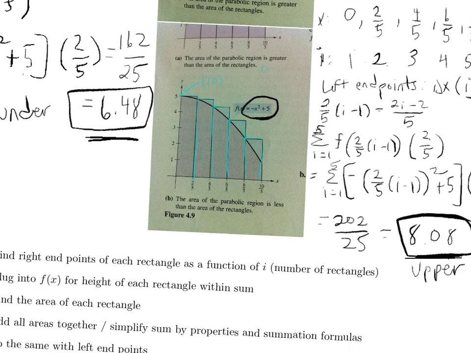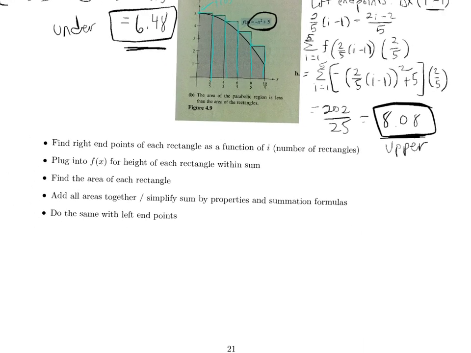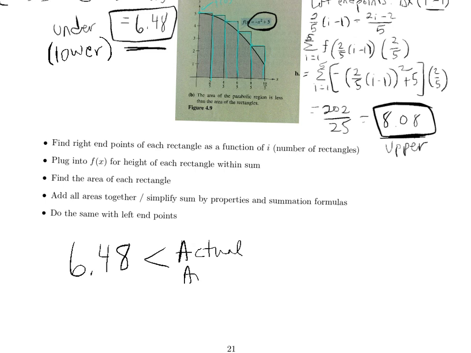Because we know that all of the rectangles that were under, the lower rectangles, definitely have to be smaller than the actual area under the curve. And we know that the sum of the upper rectangles has to be greater than the area under the curve. So our actual area is somewhere in between the two.